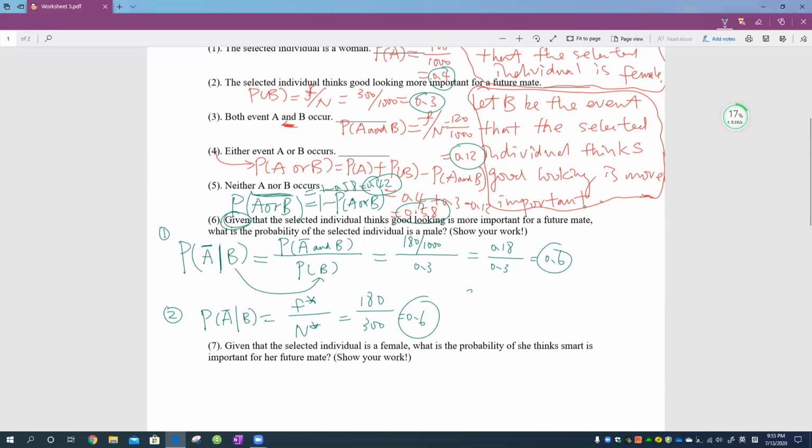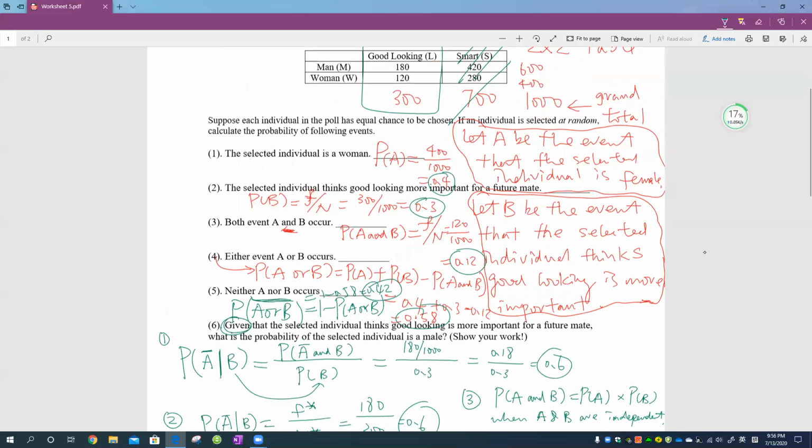And then the third way we can solve this problem is by looking at independency. We know two events A and B are independent if they have no relationship, and then the probability of A and B equals probability of A times probability of B when A and B are independent. So let's verify this.